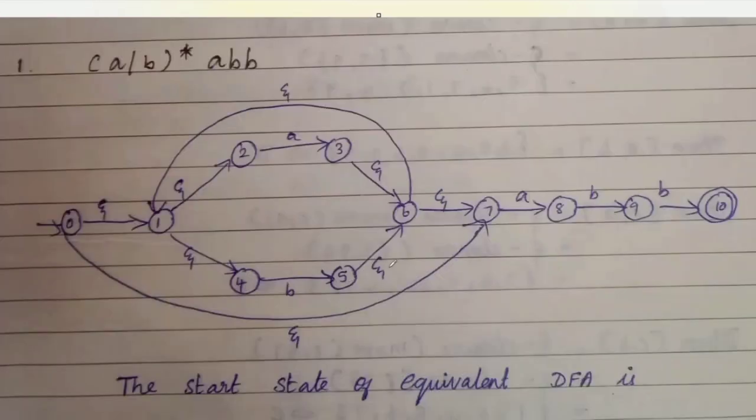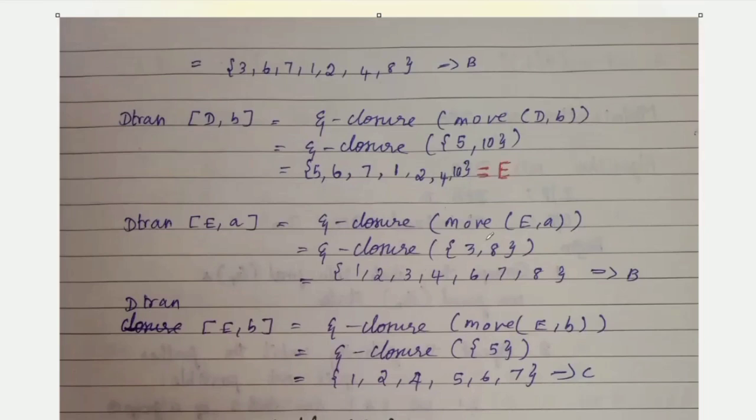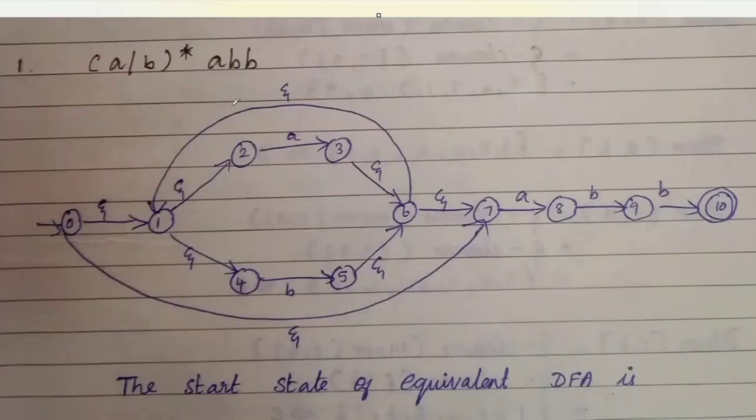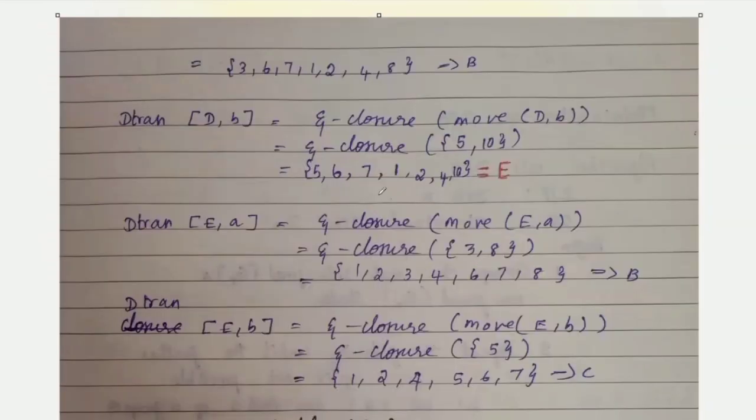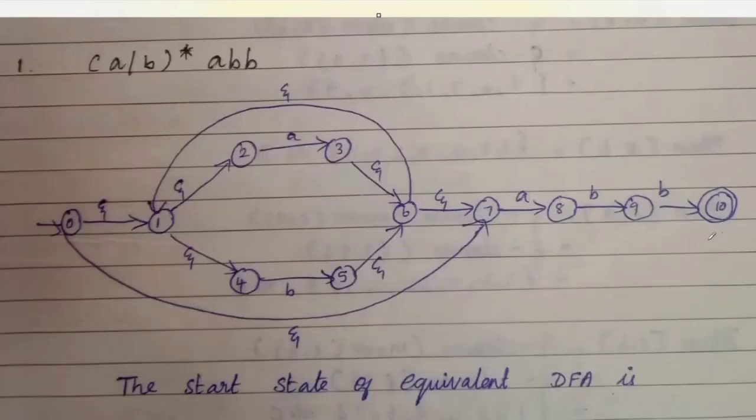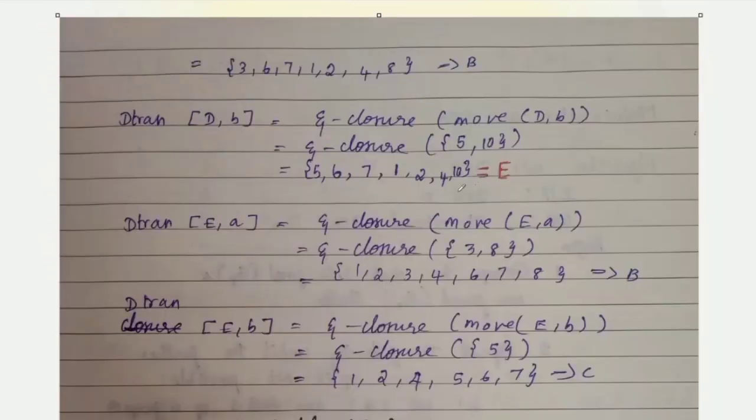From 5 through epsilon, we reach 6, 7. Write 5, 6, 7. From state 6, we reach back to 1, 2, 4. Write 1, 2, 4. From 10, there is no transition, but we have to include it. Finally, you get {5, 6, 7, 1, 2, 4, 10}. The given numbers have no repetition, so it is named DFA state capital E.